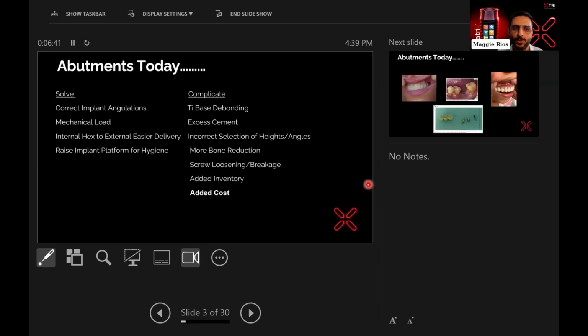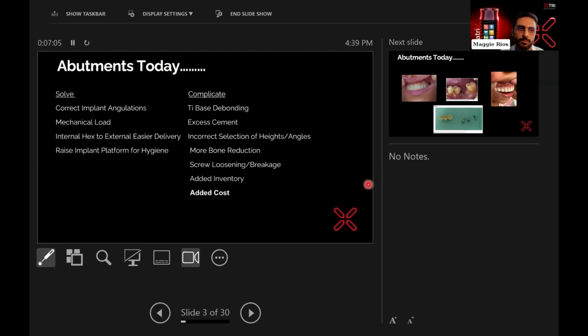Anyway, the complications with abutments, as we know: we do have to use cement if we're using a tie-base. And with cement, there are always problems like debonding, or if there's any excess cement, even leading to implant failures. With abutments, we always have to fight over which one to choose.